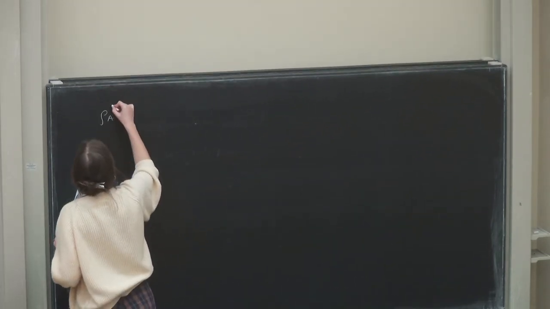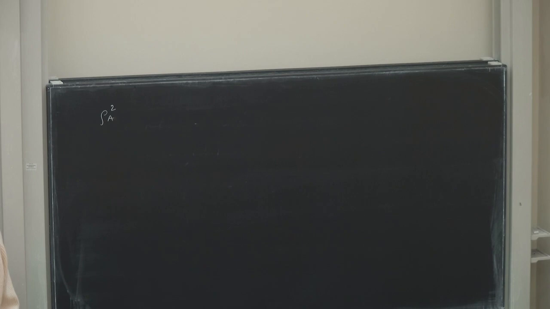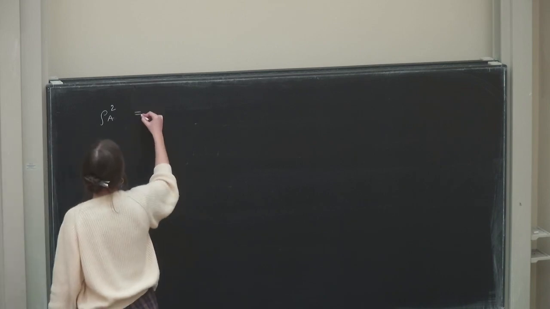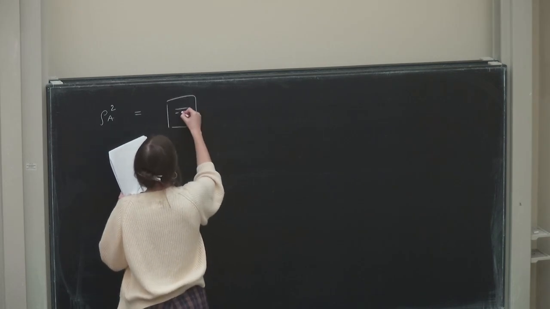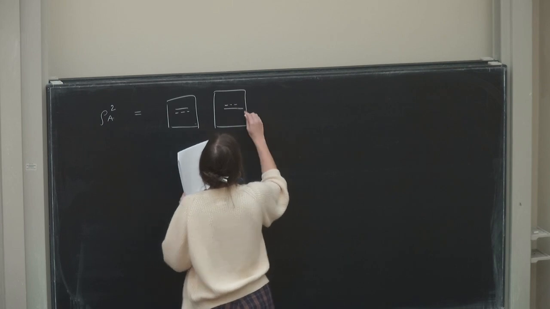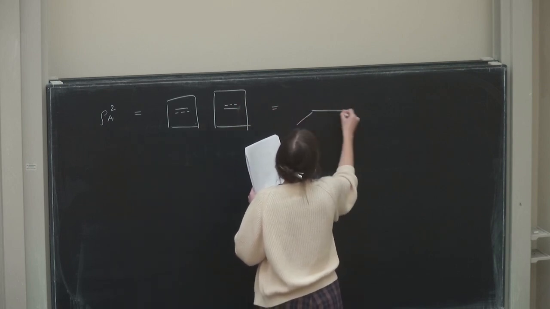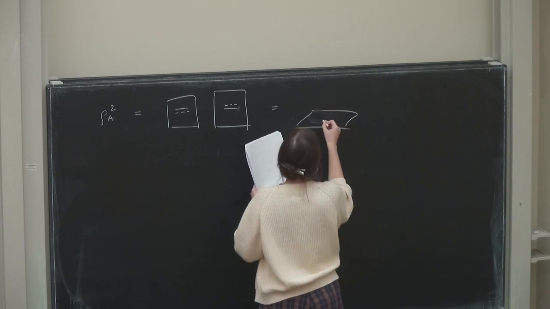But if I just want to write the actual matrix, all I do is unsolidify the phi and phi prime lines back to dashed lines. Then I again have a matrix that can take on a value phi and a phi prime. Okay? So the rho A squared is this, or is, no, sorry, dashed on the bottom.